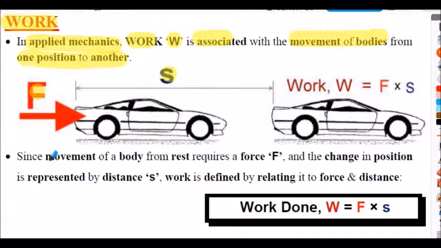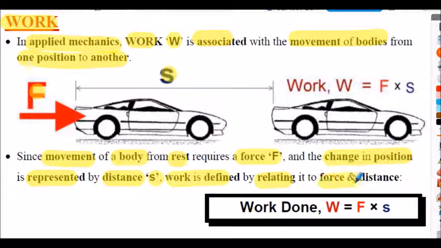So since movement of the body from rest requires a force F to be applied, and the change in position is represented by the distance shown as S, then work is defined by relating the force and the distance. So our formula for work done is simply W is equal to F multiplied by S. Just note that the force applied must be in the direction of the motion.